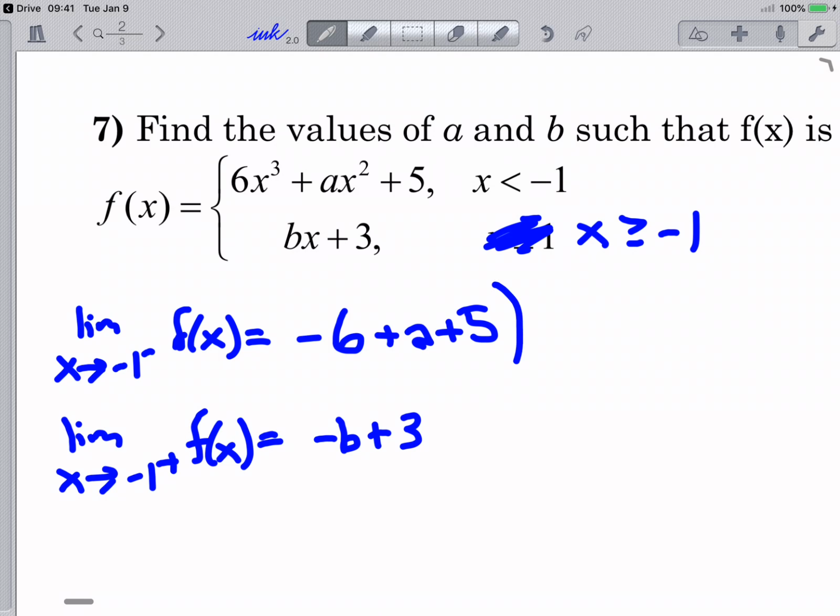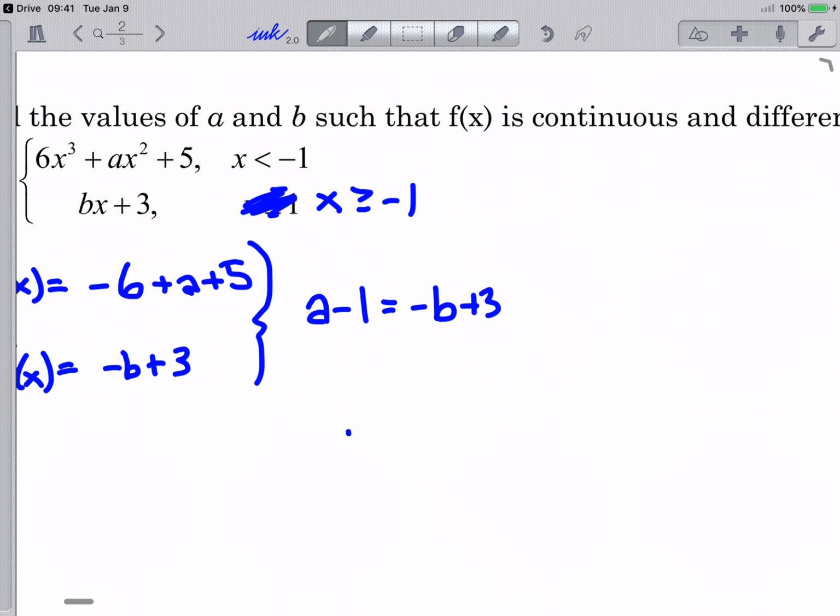Set these two things equal to each other because they must be equal in order for this function to be continuous. And I should do some simple algebra before I write what I'm going to write. So I've got a minus 1 equals negative b plus 3.